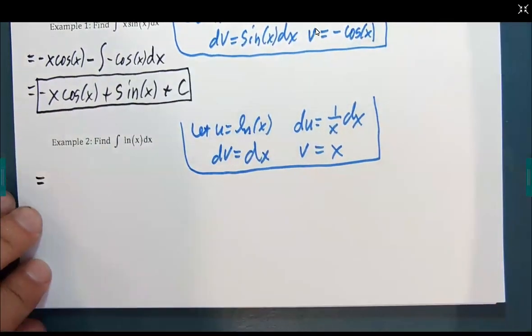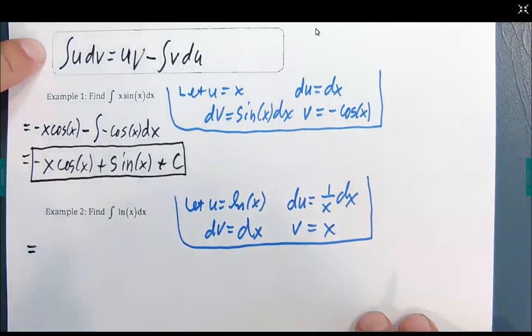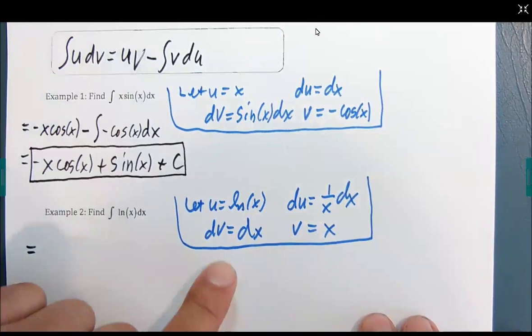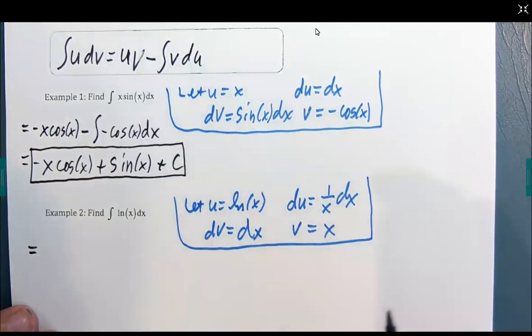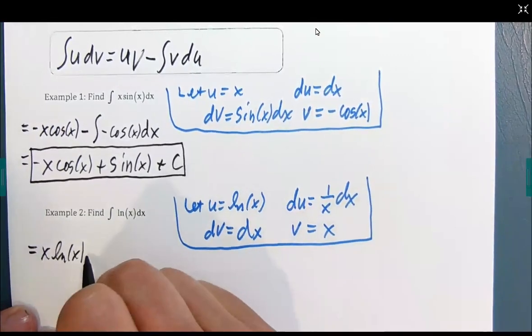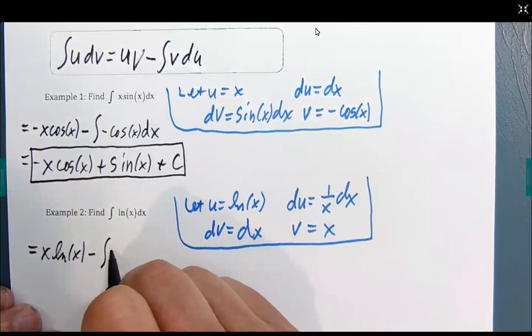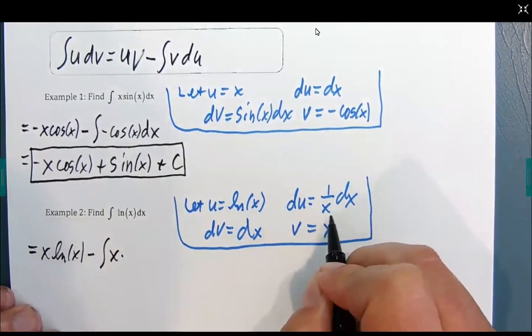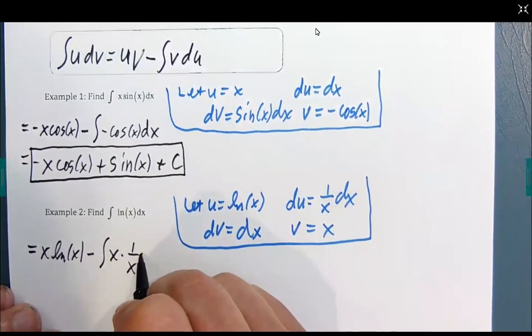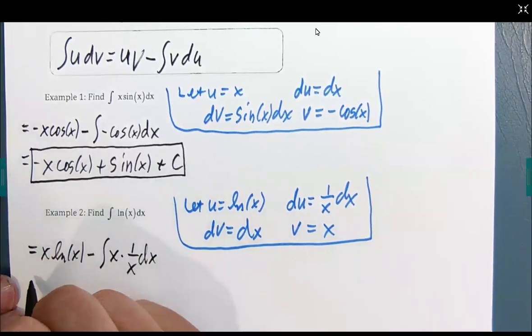So using our formula, again, I'm using this formula. This is now going to equal u times v, so that's x ln of x, minus the integral of v, which is x, du, which is 1 over x dx. Now you'll notice very nicely in this integral here, that just goes away.